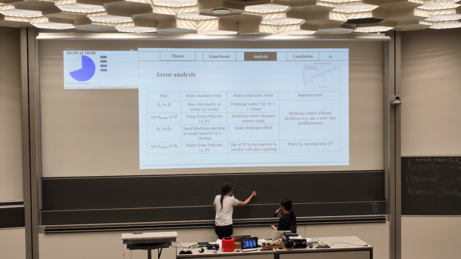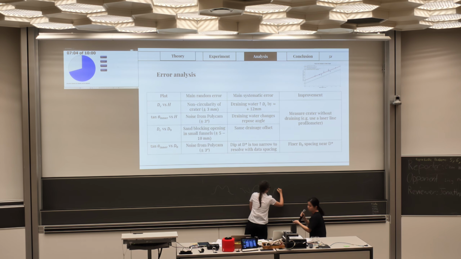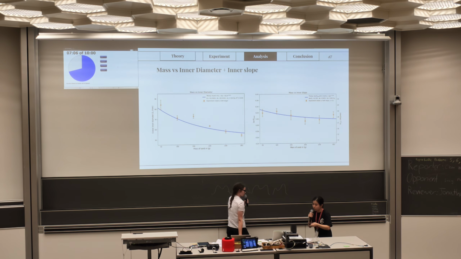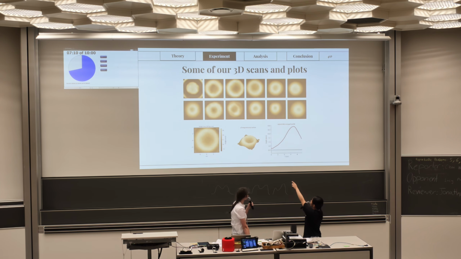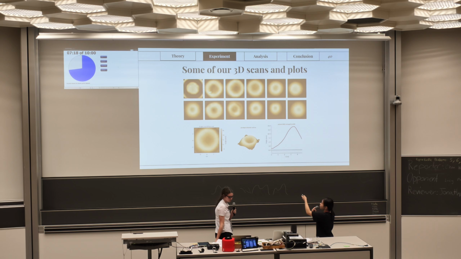If you see our 3D scans, it's roughly a circular shape, but this diameter may be different from the one we assumed, though it's very insignificant as shown in the photo.